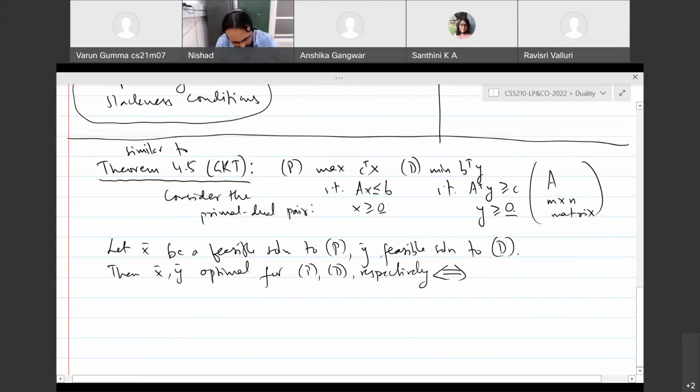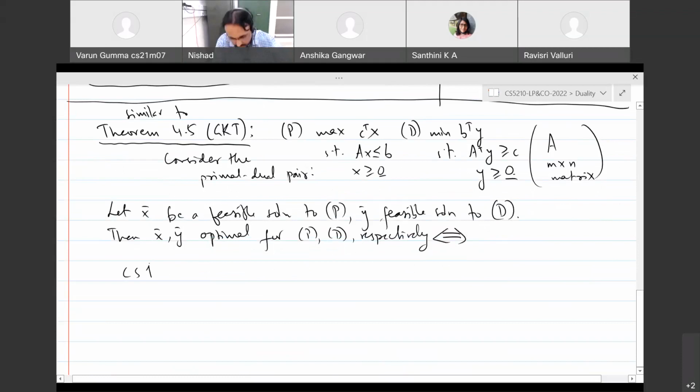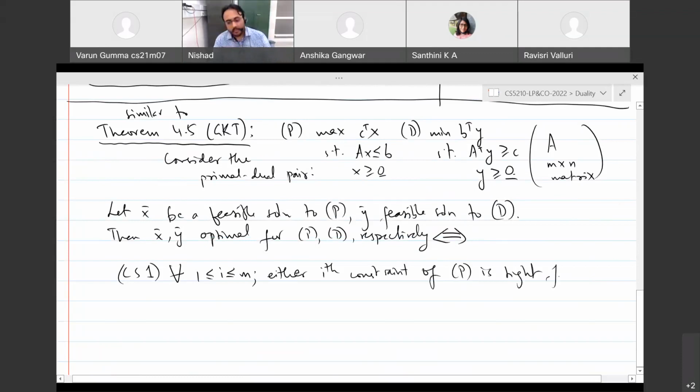So I'll just write them down in full once again. Right. So for all i in 1 up to M, either the ith constraint of the primal is tight, or the dual variable yi bar is 0.